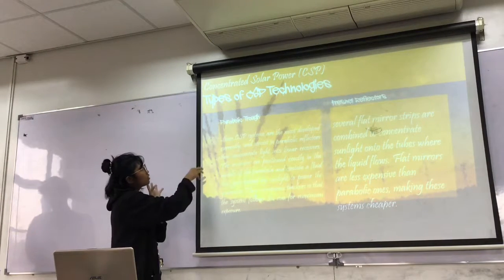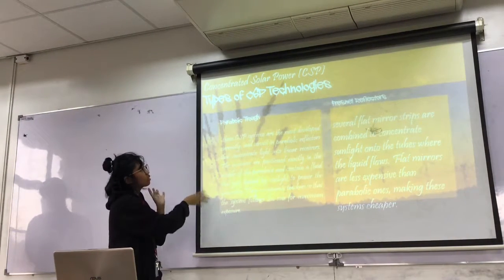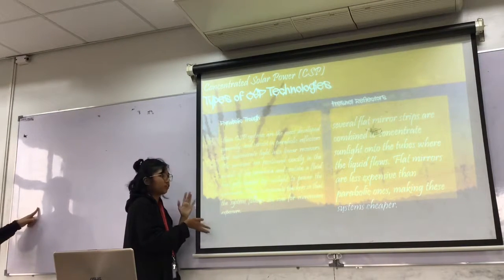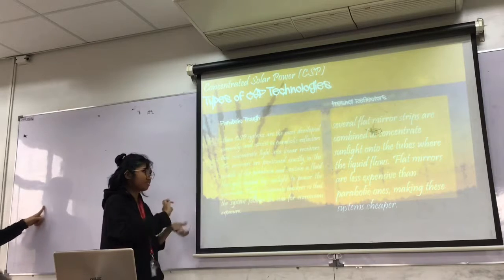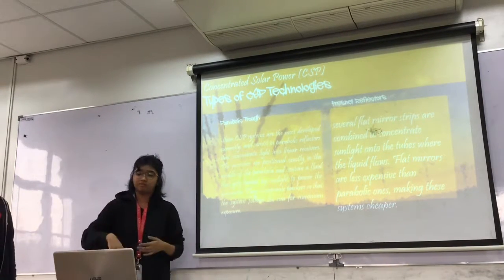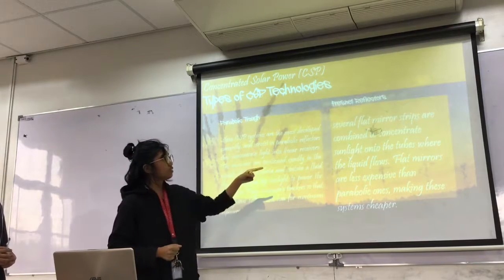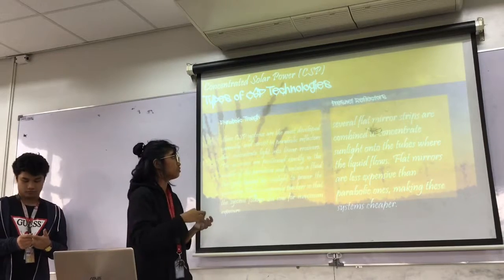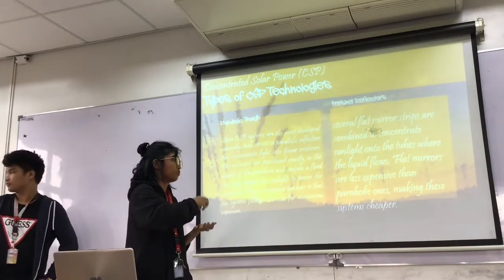apat na under nung CSP technologies, ito yung pinaka-recent na ginagawa ngayon since may tracker na nga siya para masundan yung sun so it can absorb heat. Tapos yung Fresnel reflector, several flat mirror strips are combined to concentrate sunlight into the tubes where the liquid flows.